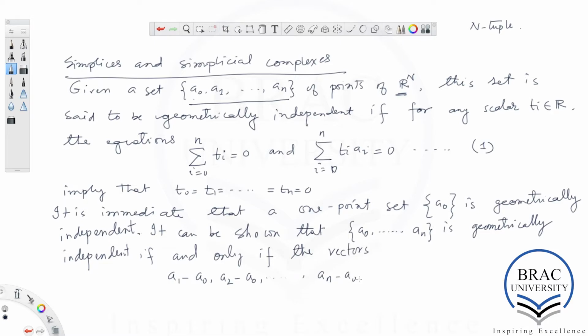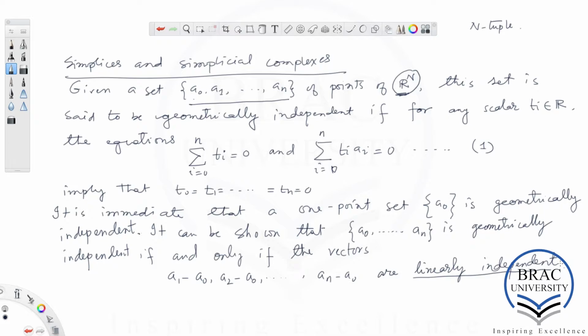So there are n vectors here, n vectors in R to the n. So if and only if these n vectors are linearly independent. This way we explore the connection between geometric independence and linear independence. This needs to be proved.